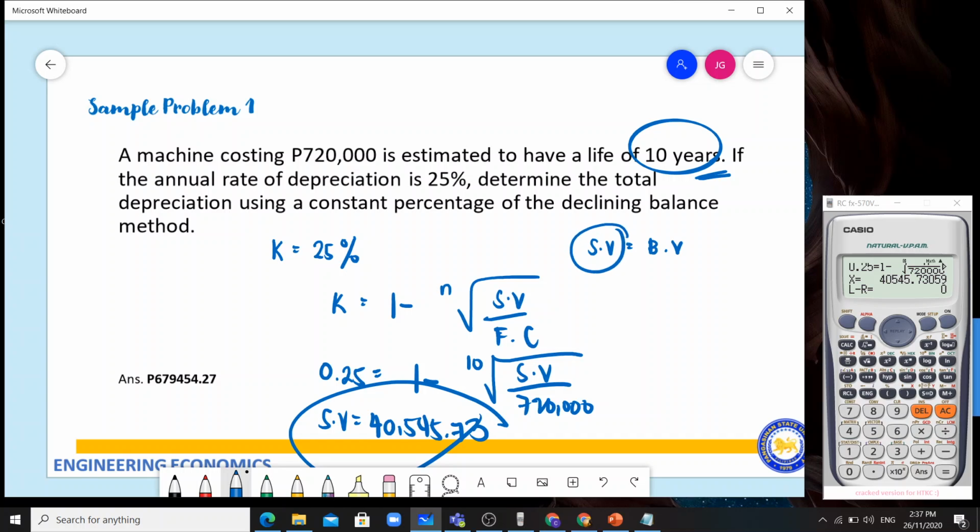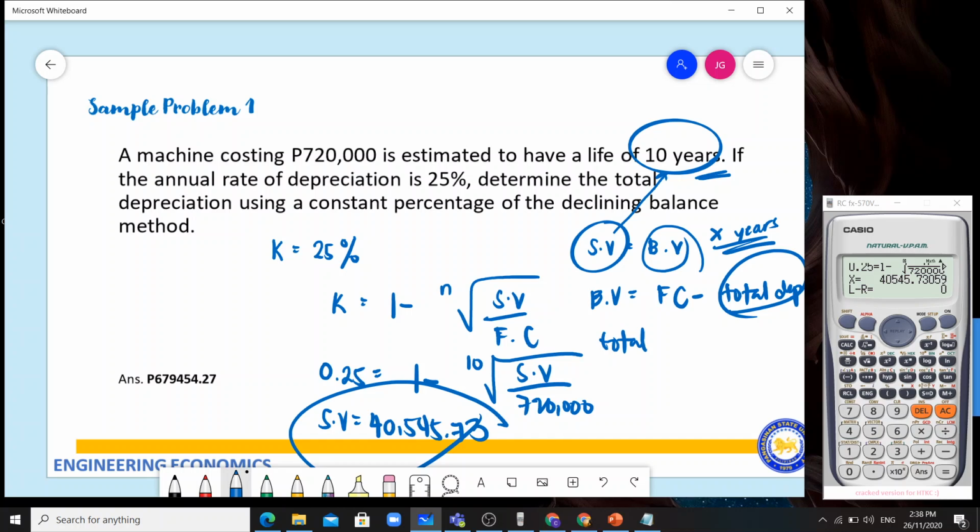Now, didn't I say in my previous videos that the salvage value is also equivalent to the book value? It's just that the salvage value is the resale value after 10 years, while the book value is the resale value at X years, before reaching the economic life. So, since we know the book value is equivalent to first cost minus the total depreciation, to get the total depreciation we have to find the difference between the first cost and the book value or salvage value.